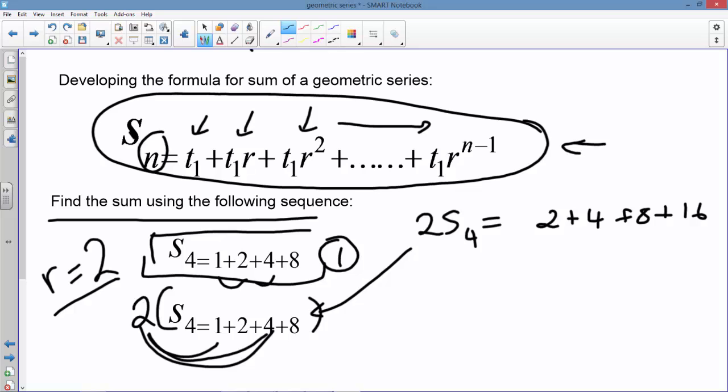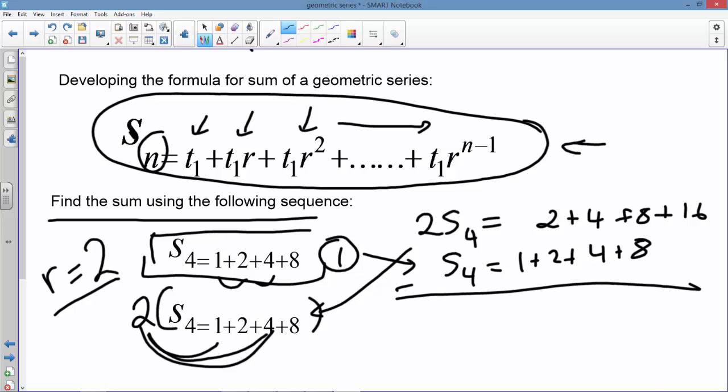Okay, now I'm going to rewrite this first equation over here. I'm going to say S4 equals 1 plus 2 plus 4 plus 8. Now you'll see what happens when I subtract these two equations. So I get 2 minus 1 times the sum of 4 terms equals, now 1, it's minus 1, and then plus 0, plus 0, plus 0, plus 16.